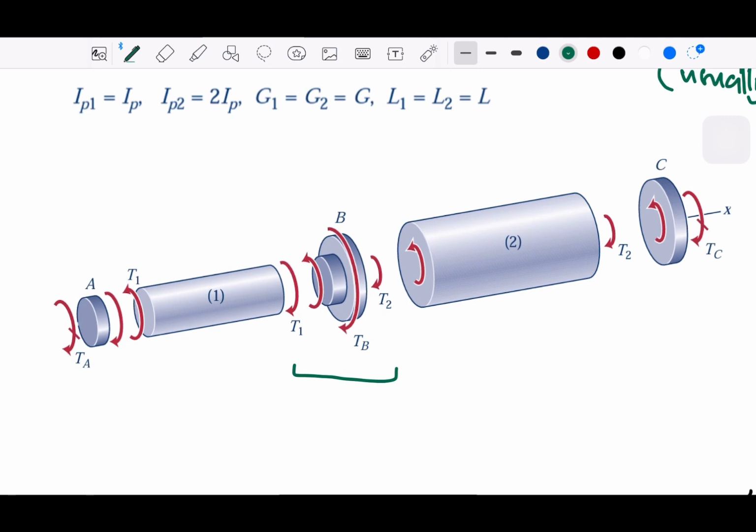So we could write T1 minus TB is equal to T2, or T1 minus T2 is equal to TB.